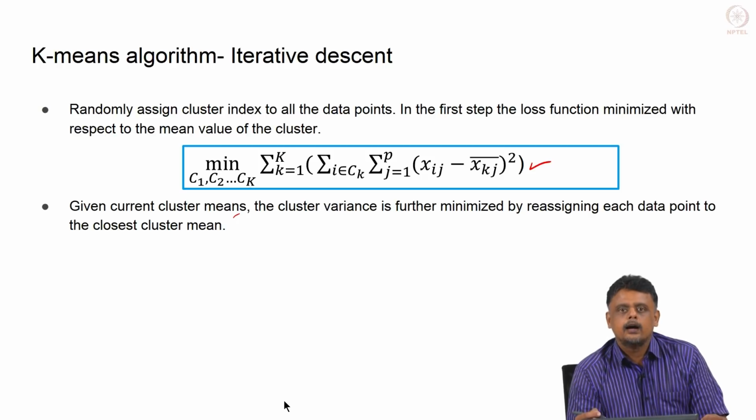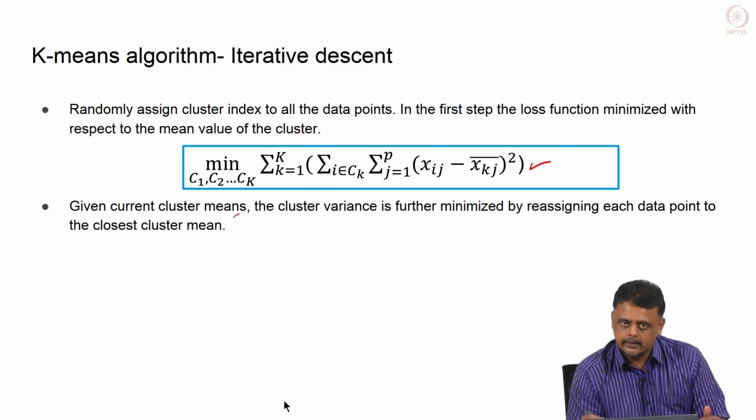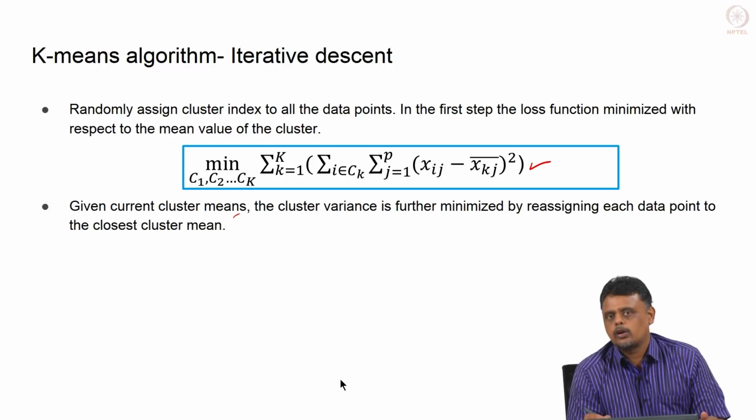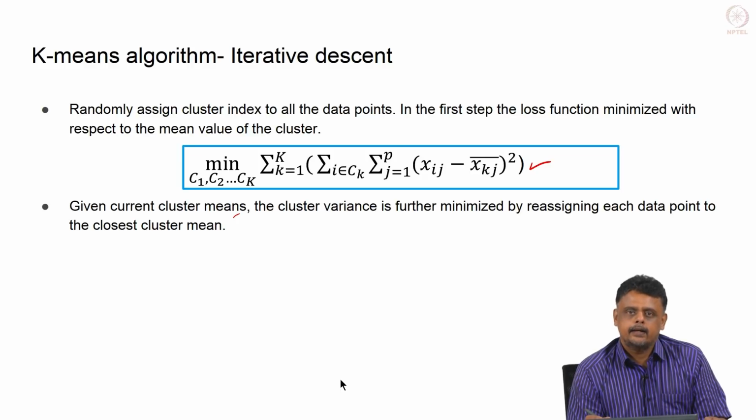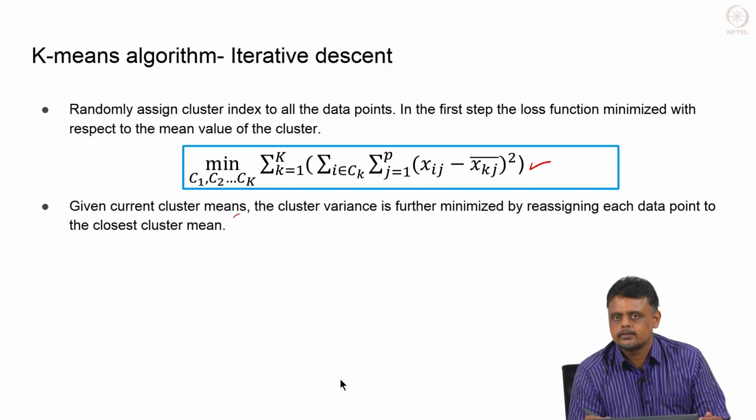Now, once the cluster center is determined, the second step would be to recalculate the distance of all the data points to each one of the cluster centers and then reassign the data points to the appropriate clusters, the cluster to which the distance is the smallest. So, we go back and forth between these two steps till there is convergence, in the sense that the cluster centers stop changing.